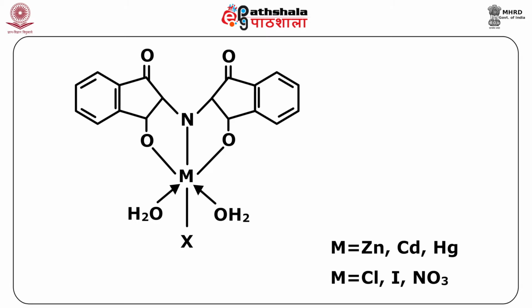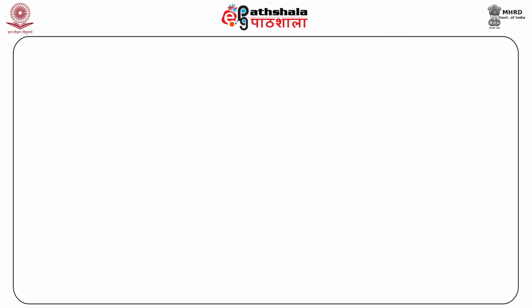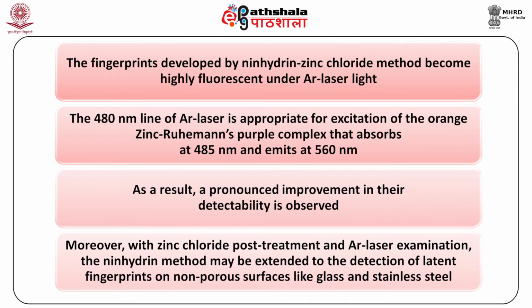In order to improve the working performance of ninhydrin reagent, the developed prints are post-treated with group 12 metal salts. This interaction converts a non-fluorescent Ruhemann's purple into a photoluminescent complex. The fingerprints developed by ninhydrin zinc chloride method become highly fluorescent under argon laser light.